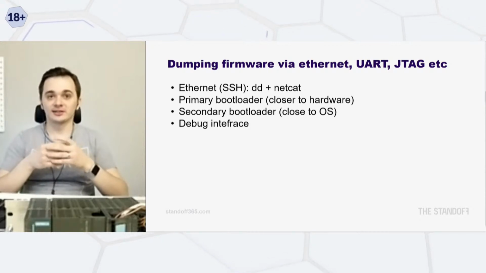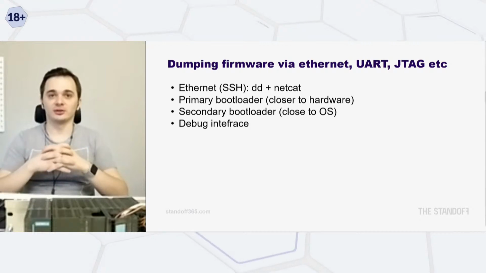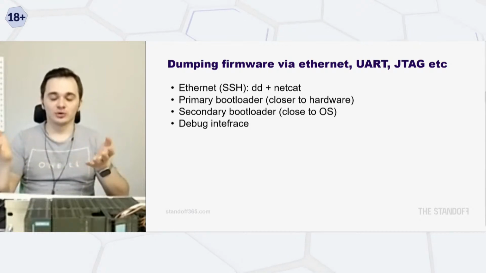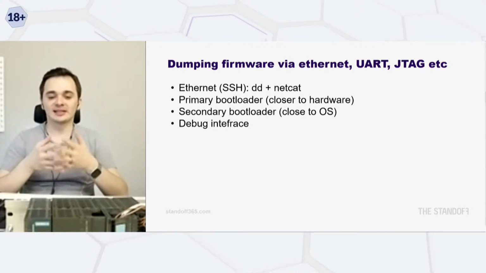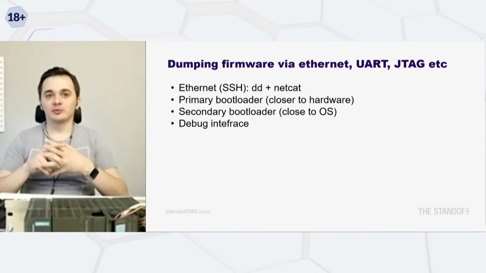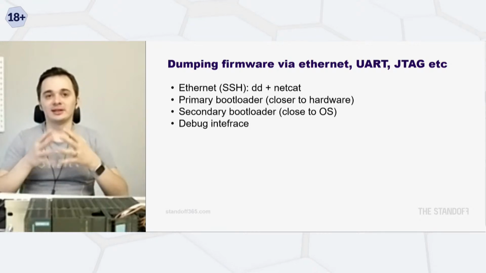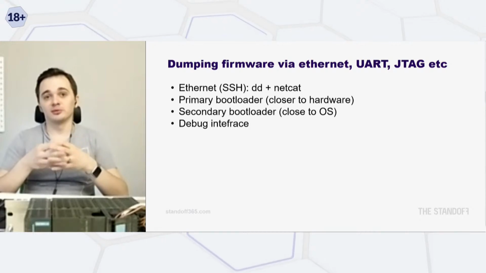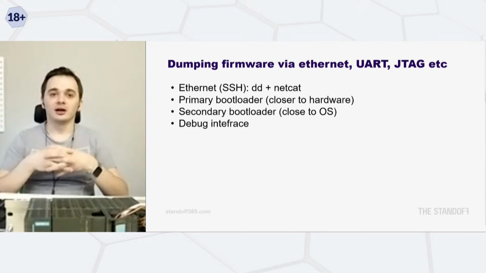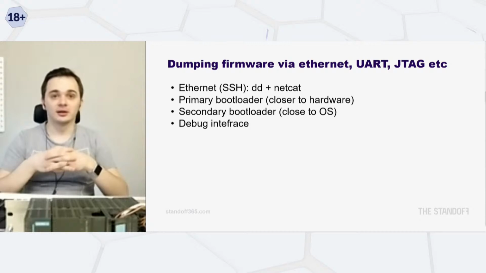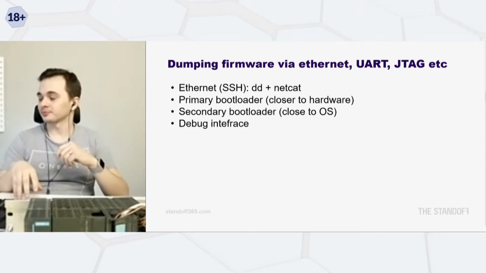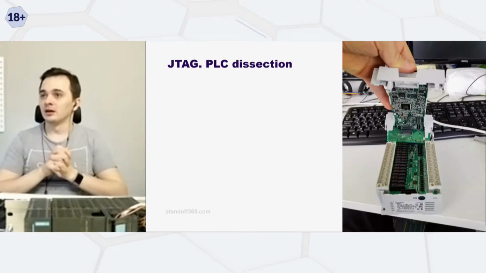Those interfaces, again, can be separated on the plane, on the chip, so that the developers could be debugging their own modules during development, or sometimes not everything is separated, just some pins, and that means that you will have to find another way.